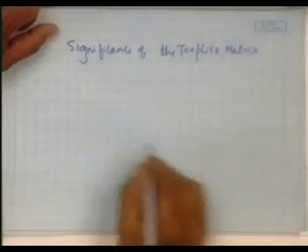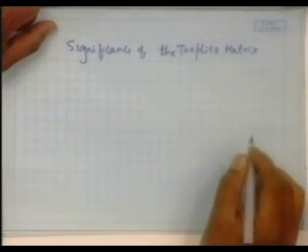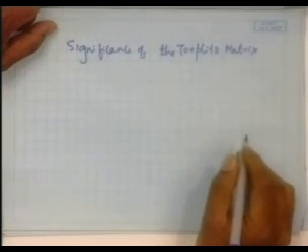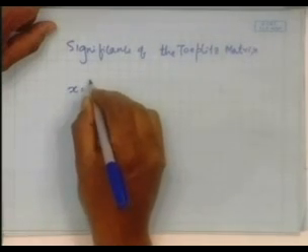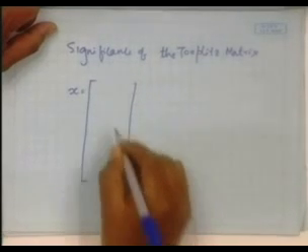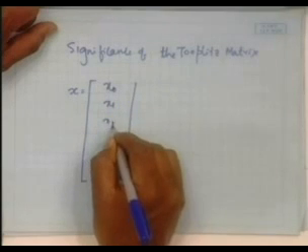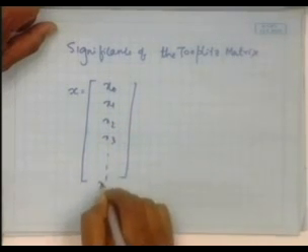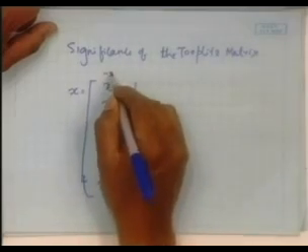If you have a signal which has been sampled by some AD converter and it is available inside your computer, let us write that signal in the form of a vector: x0, x1, x2, x3, and so on up to xn. Prior to that you will also have x minus 1.